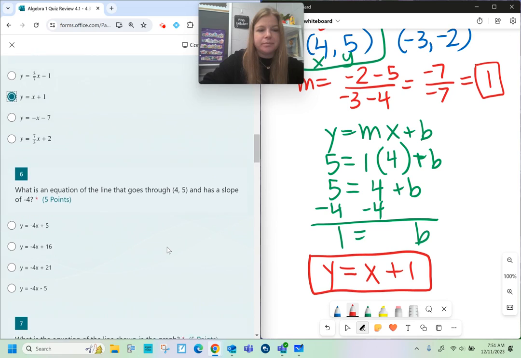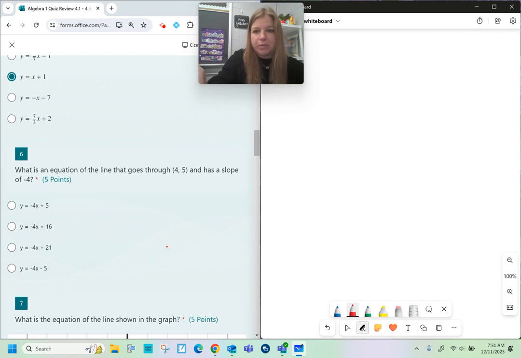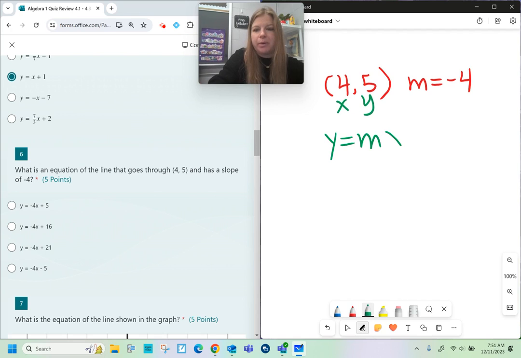Awesome. Number 6, what is the equation of a line that goes through 4, 5 and has a slope of -4? So again, I'm going to take my slope and the ordered pair to solve for b to write my equation. So I have y equals mx plus b. My y is my 5.